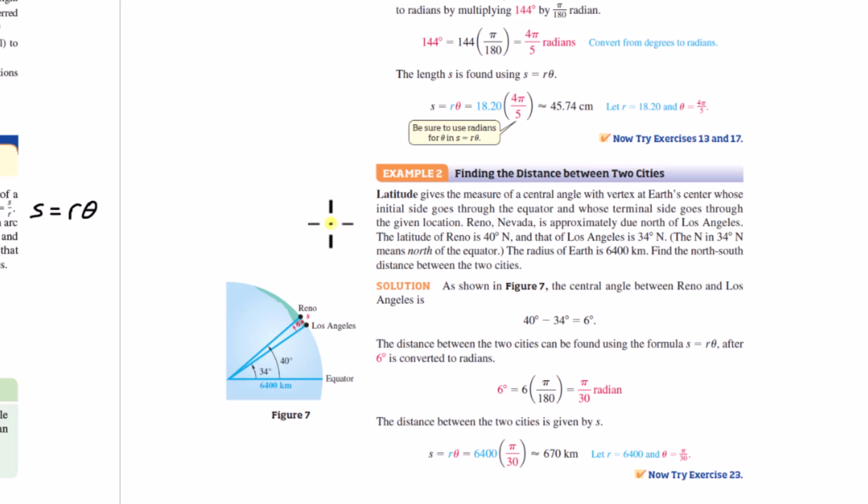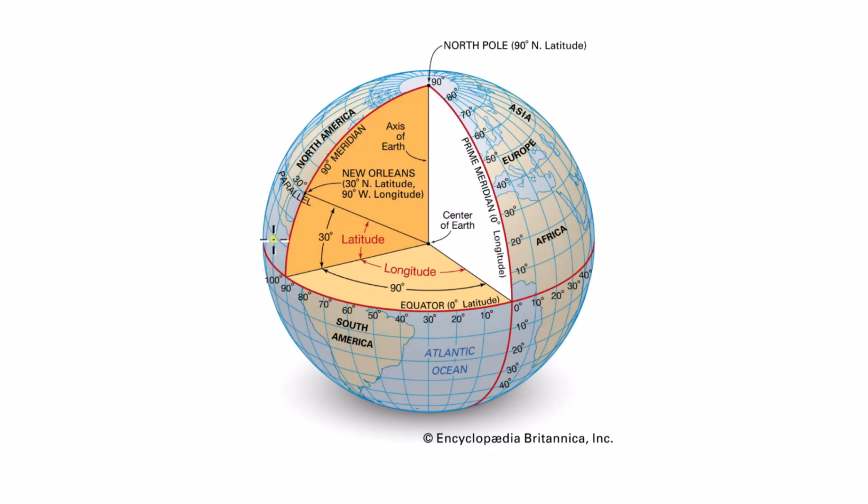Find the north-south distance between the two cities. Okay, yeah, so latitudes and longitudes, the reason why they're called angles is, if we take a look here, latitudes are the horizontal lines around the globe. They're horizontal circles, and the radius of the latitude gets smaller and smaller as you go more north. Longitudes, I think the word long, they're longer.